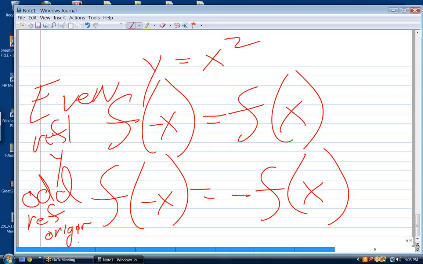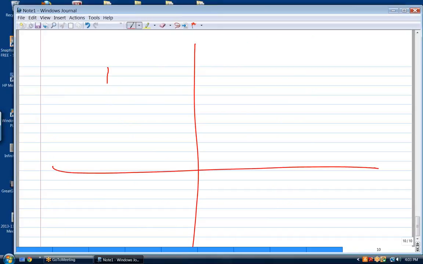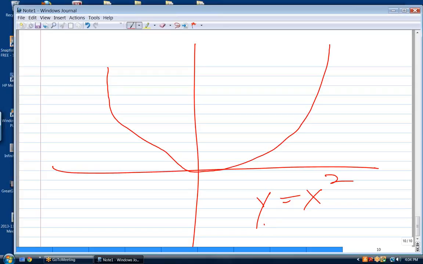Okay. Examples would be y equal x squared. Notice that the exponent is even, and this is an even function. In other words, I can't tell the difference between y equal x squared and y equal minus x squared.